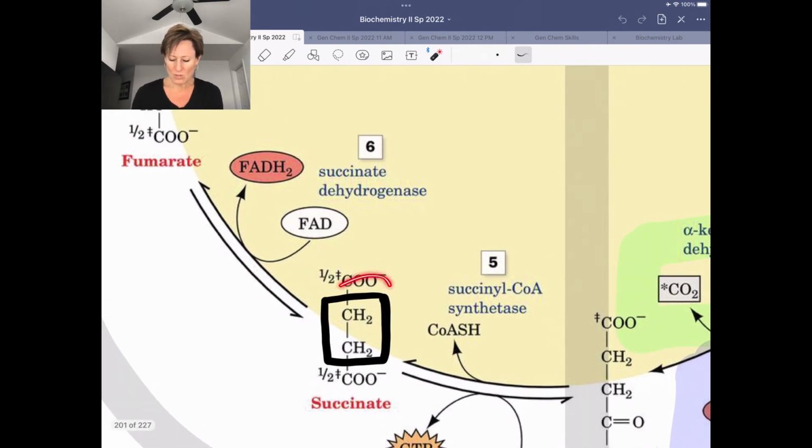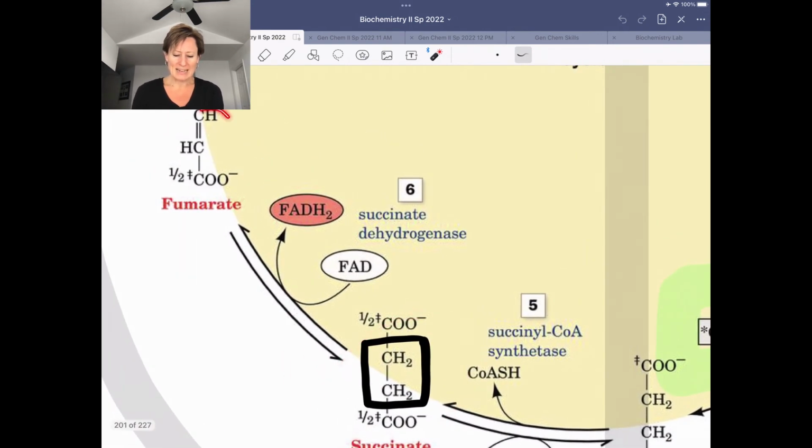Okay, so succinate gets made into fumarate. The enzyme for that is succinate dehydrogenase. Now, anytime you see dehydrogenase, you want to be thinking that that is redox chemistry. But specifically, if we go alkane to alkene, we are going to be seeing FADH2 as the reduced cofactor that's made.